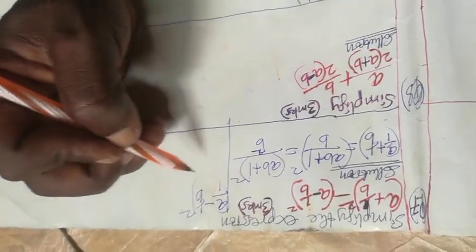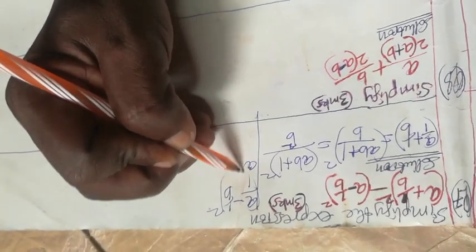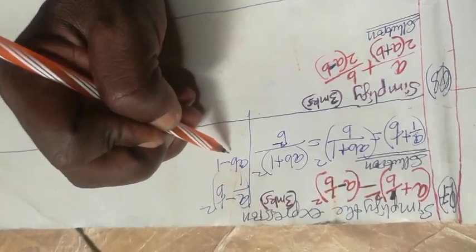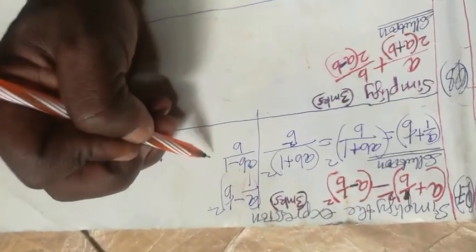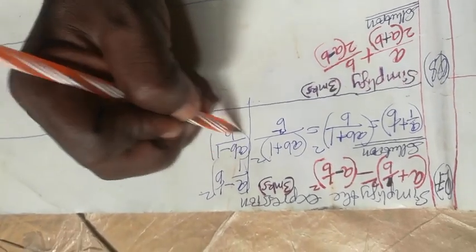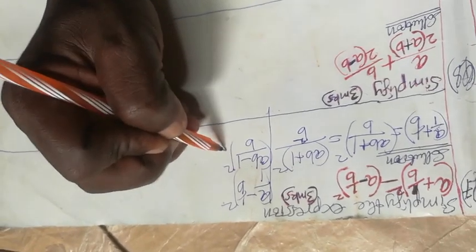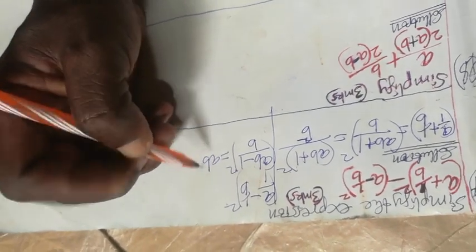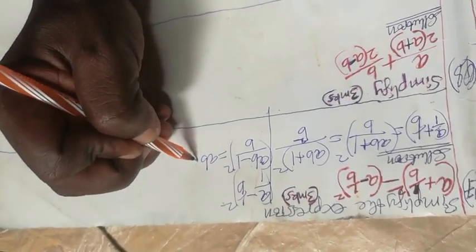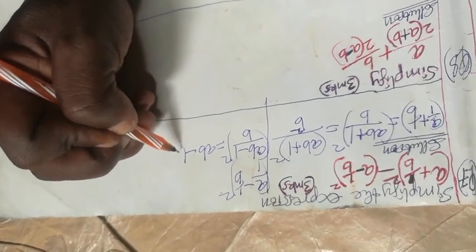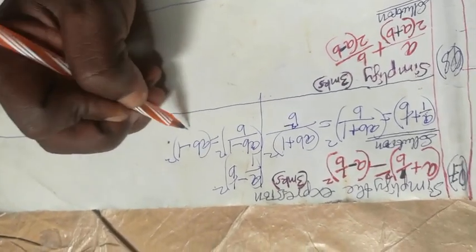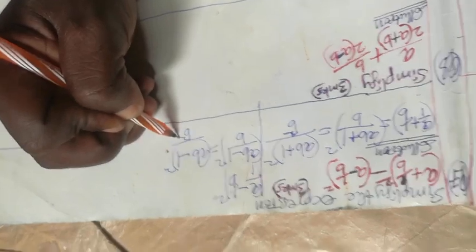After cross multiplying, we get ab minus 1 all over b. Then we say ab minus 1 in brackets squared over b squared.